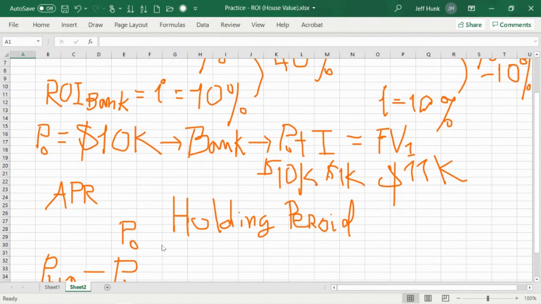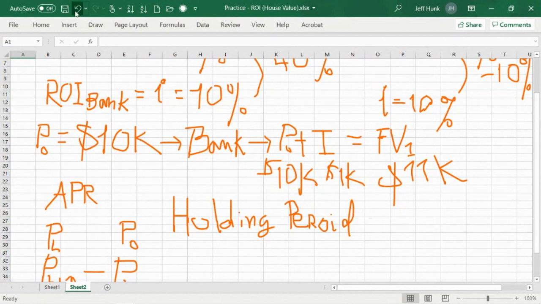Let's say you held it for 5 years. And during those 5 years, Amazon share price grew 100% over 5 years. Okay? So then what does that mean?